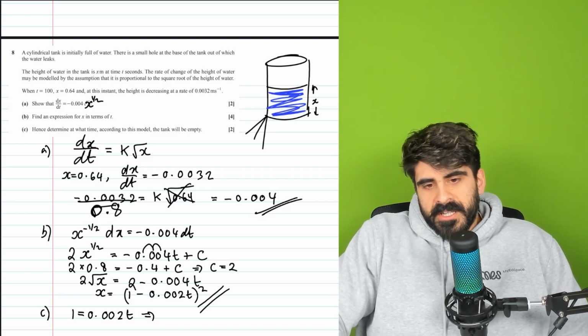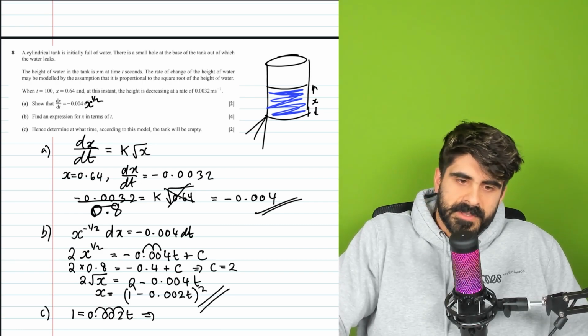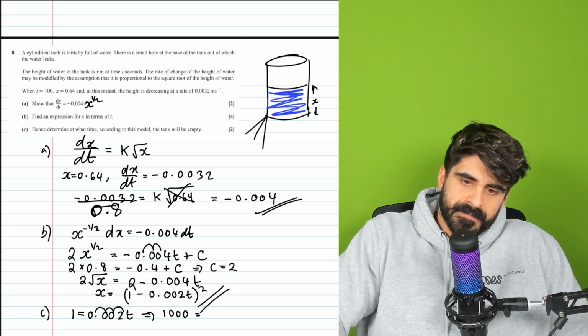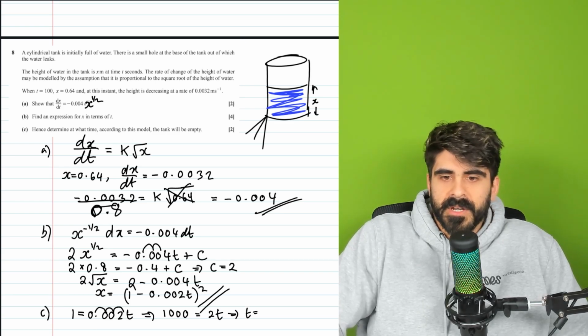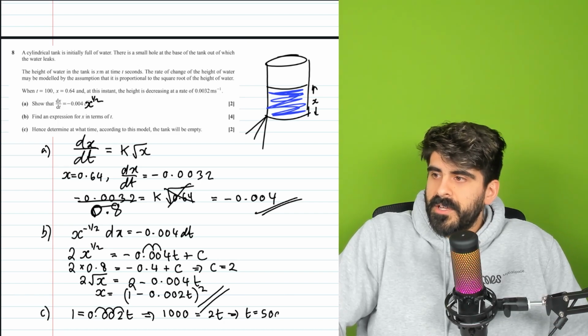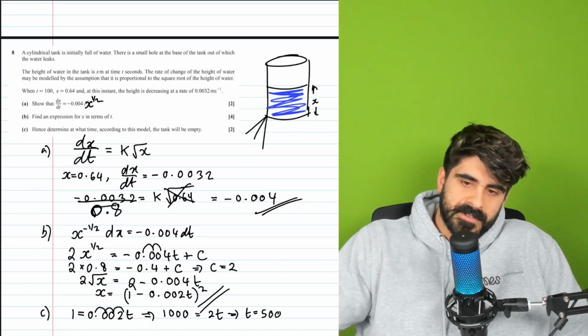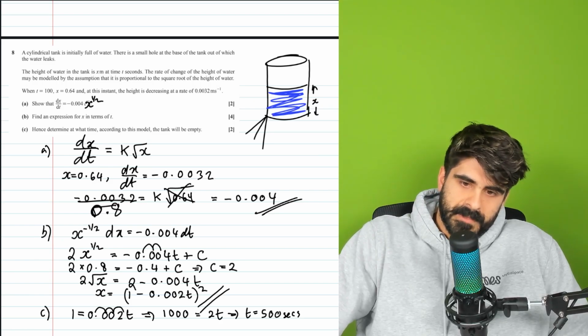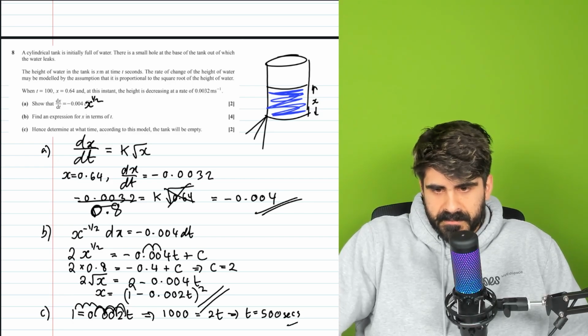Now I'm going to be cheeky here. I'm going to times both sides by 1,000. So t is 500. What is that? Seconds. Wait, that's right, isn't it?